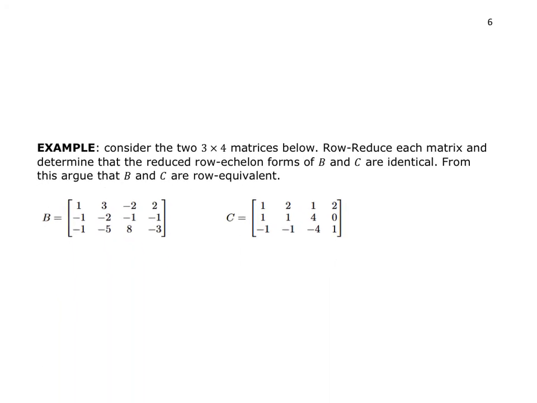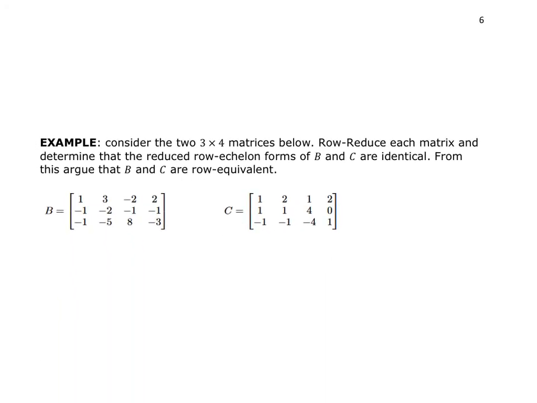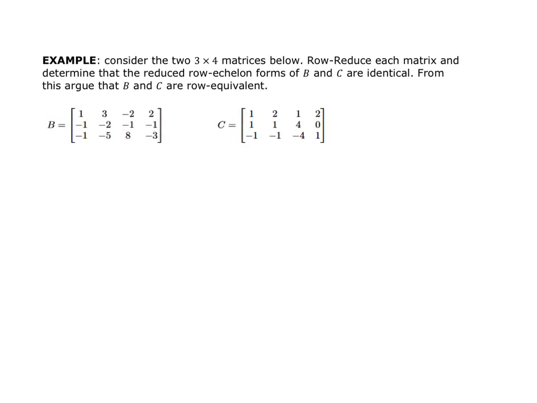Let's look at these two matrices. Row reduce each matrix and then determine whether or not the reduced row echelon forms of B and C are identical. From this, we're going to argue that B and C are row equivalent. So by the magic of marker, rather than you all watching me go through this again, I'm going to give you what it looks like with all the row operations.